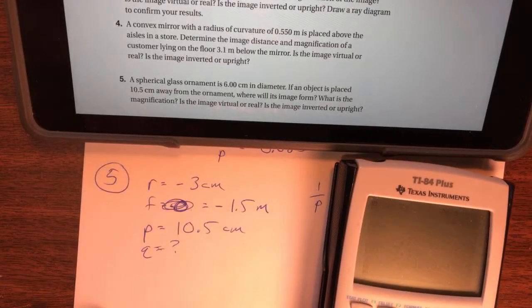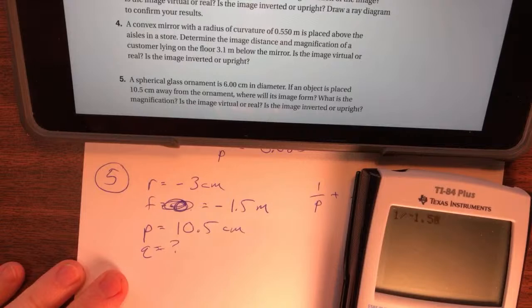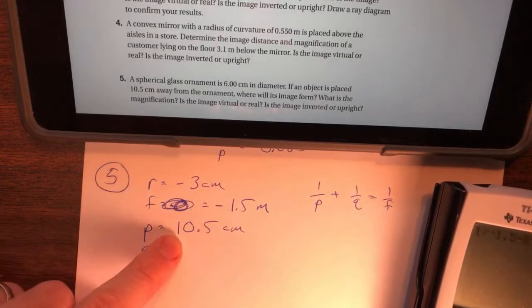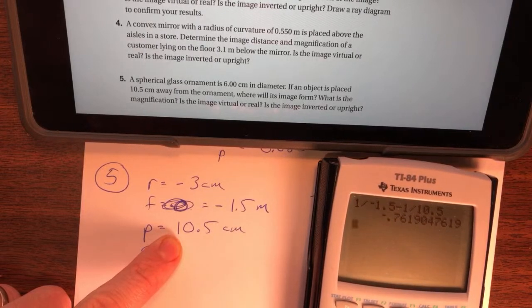So that's going to be 1 divided by negative 1.5 for F, minus, we have a value of P of 10.5, so minus 1 divided by 10.5. And that gets us a negative value there.